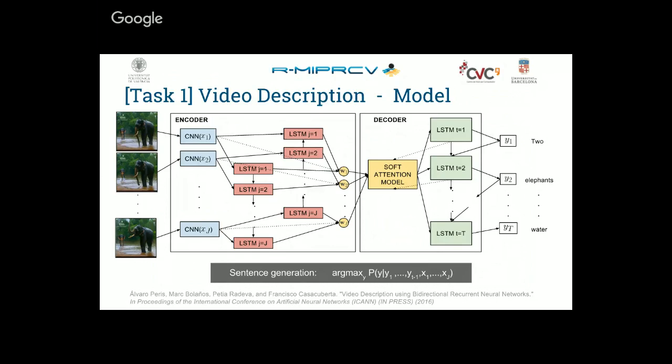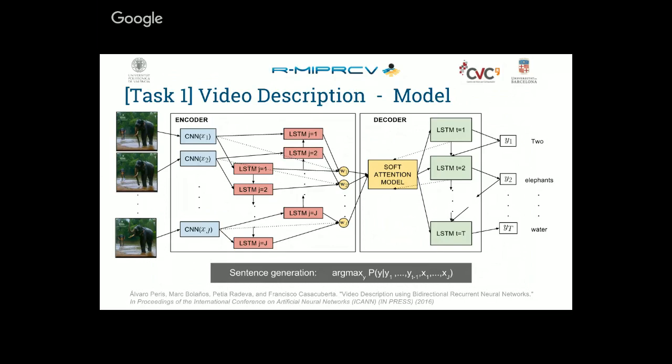In the encoder part, we've got a CNN, which is in charge of extracting information from each of the frames. And each of these feature vectors is then used in a bidirectional LSTM, which is the red part in the architecture.